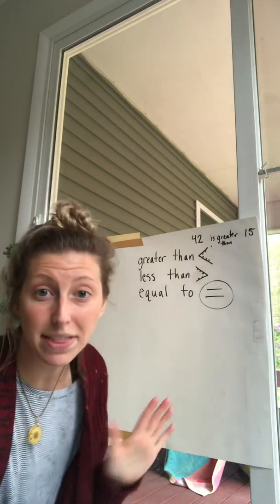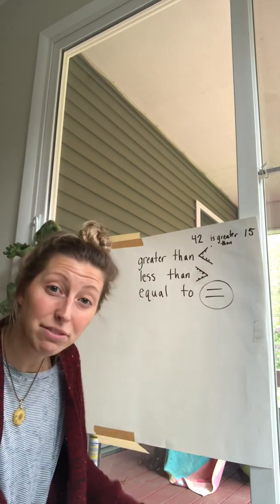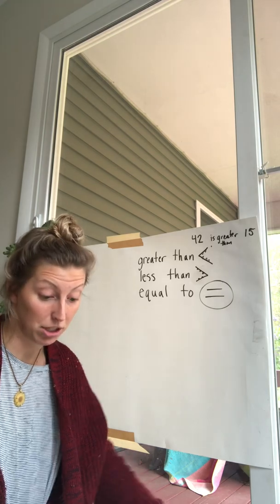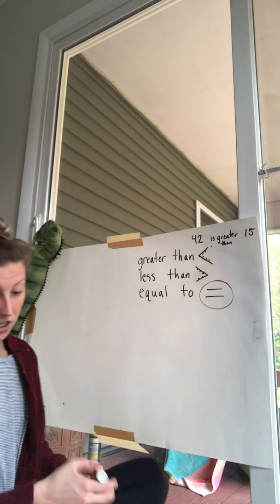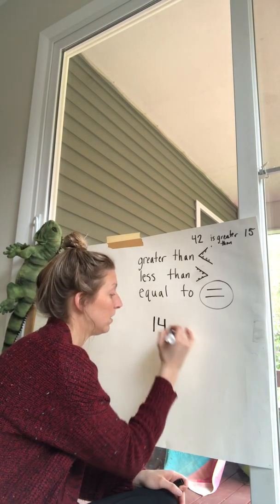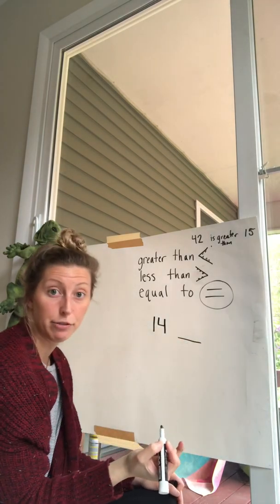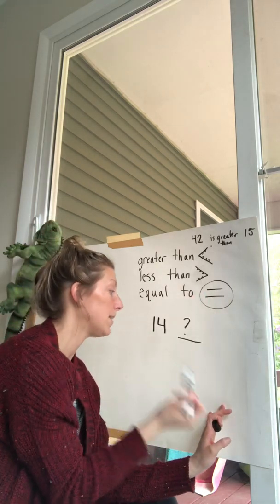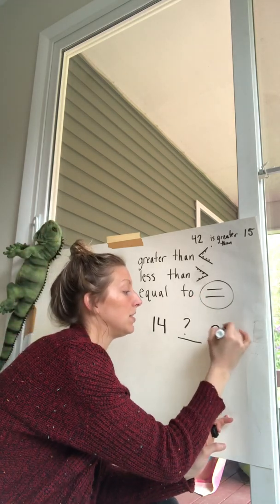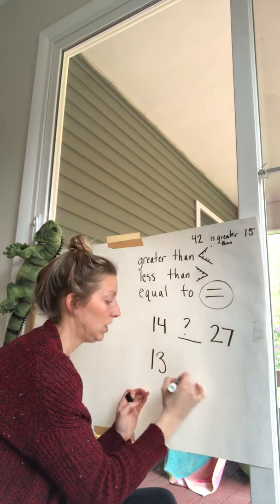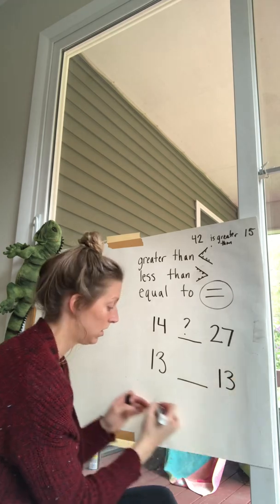After I write them, that's a good time to pause the video, and then you can copy them down on a sheet of paper, okay? So here we go. I'm going to list some. We have 14, and I'll put a little line there for you to decide the symbol. And we have 27. We have 13 and 13.